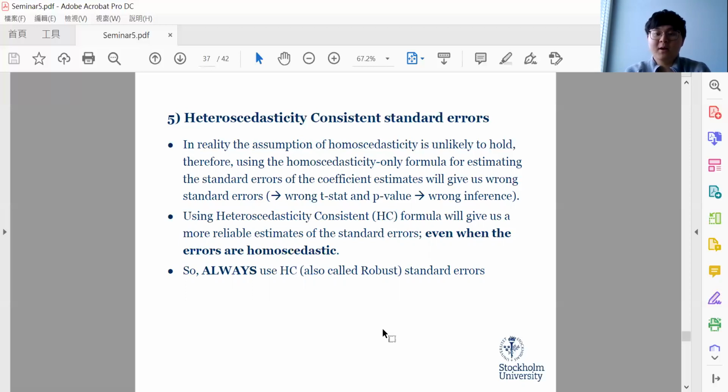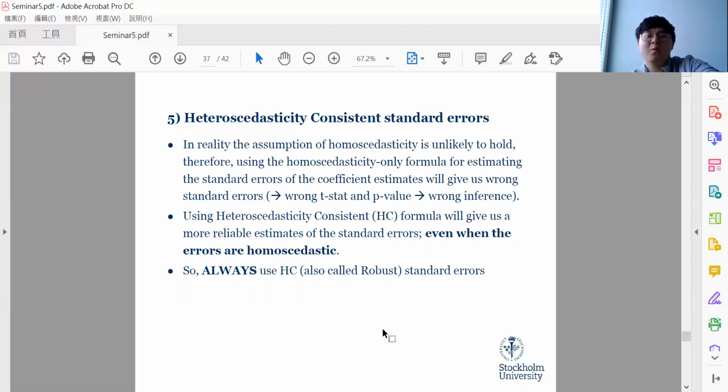If you use the homoscedasticity formula on heteroscedastic data, something might not be significant in reality, but since you use the wrong assumption, you get a significant result, which is actually wrong.